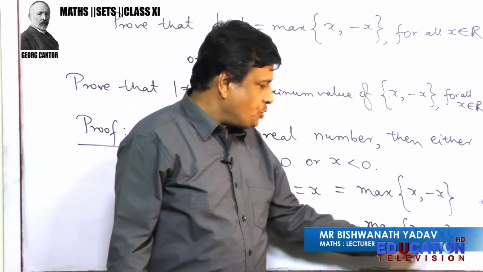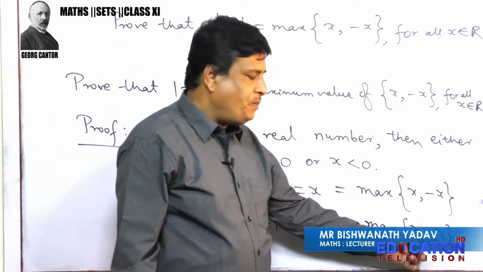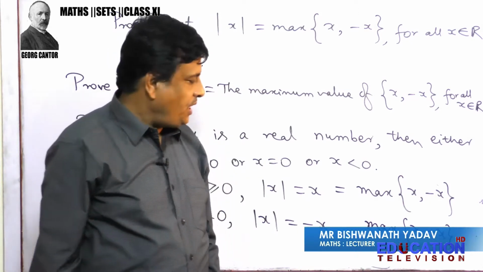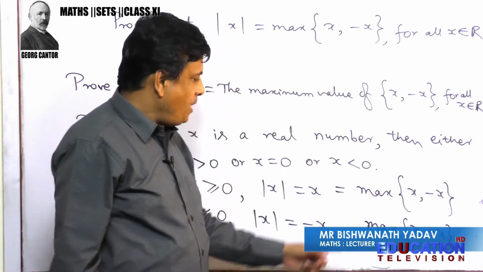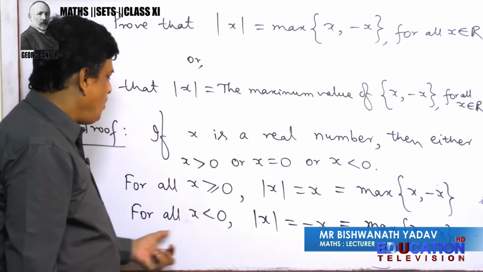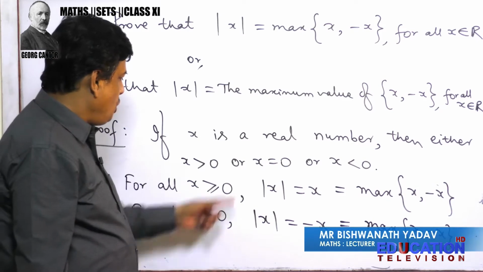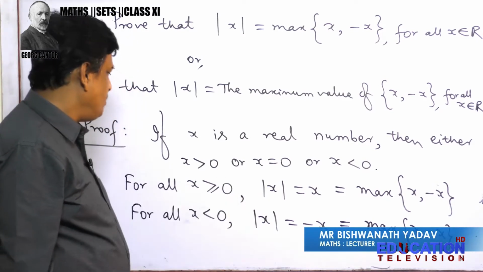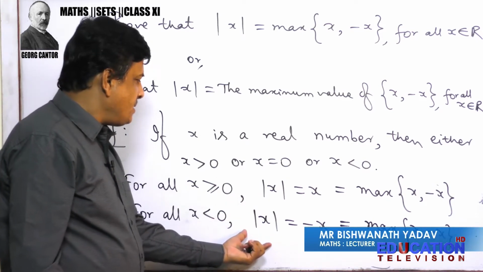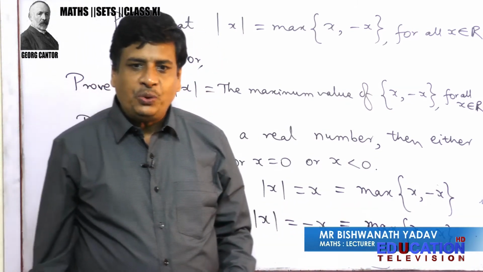So out of these two, which one is the greatest? Minus x will be the greater value in case x is negative, and the maximum value of this set is then minus x for the case x less than 0. So in both cases, what we observe is that modulus x is equal to the maximum value of the set containing two elements.